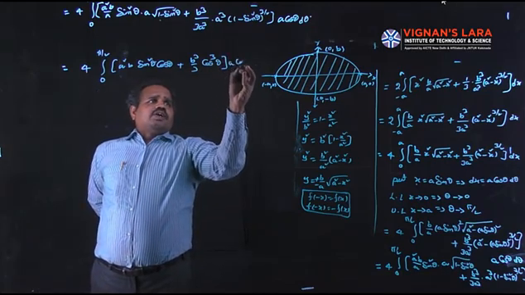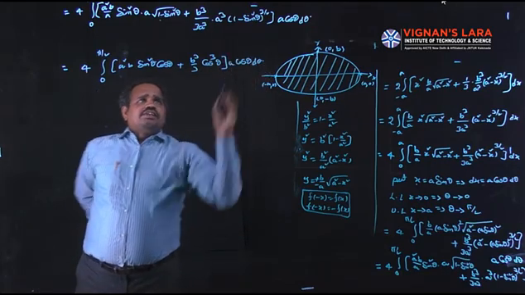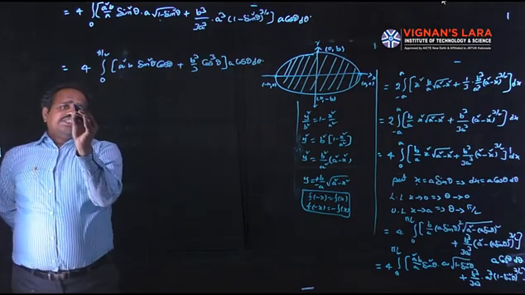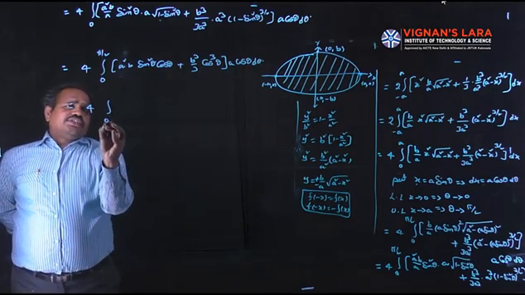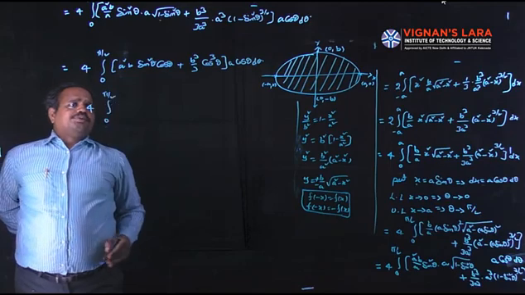Into a cos theta d theta, which is equal to 4 into integral 0 to pi by 2.